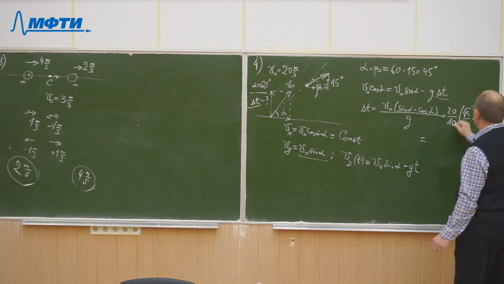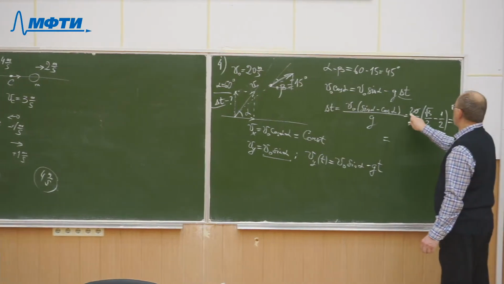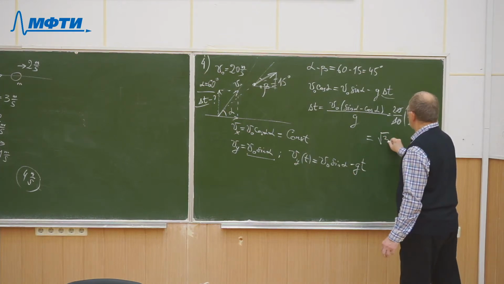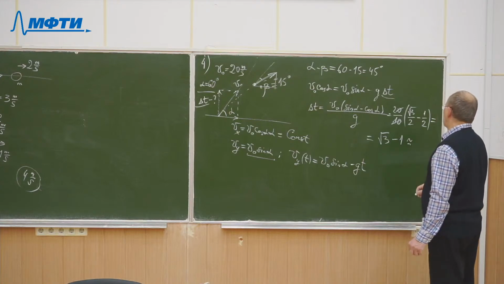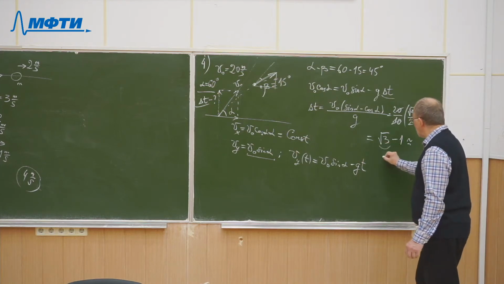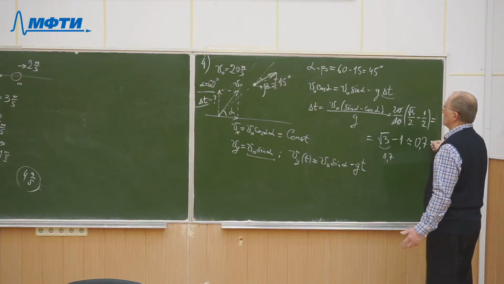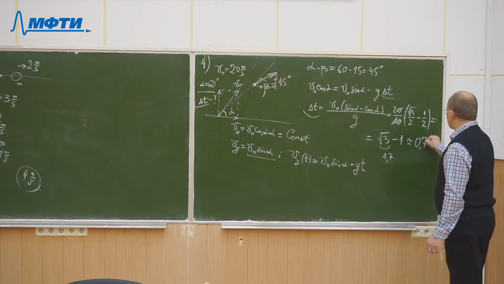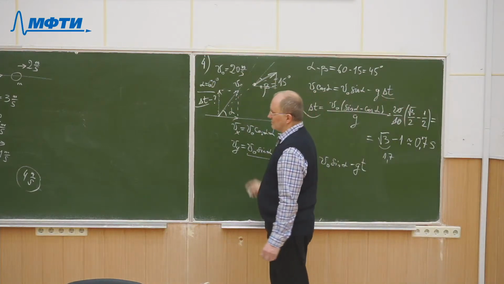So 20 divided by 10 gives us 2, and if we put it inside the round brackets, we get square root of 3 minus 1, which is approximately, square root of 3 is approximately 1.7, minus 1 is 0.7 what? Seconds. 0.7 seconds. So in just 0.7 seconds, the vector of velocity will turn by 15 degrees.